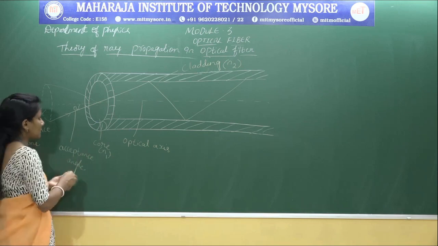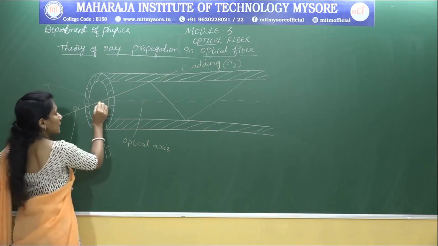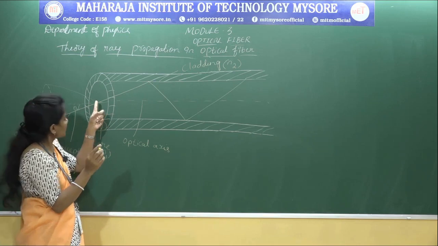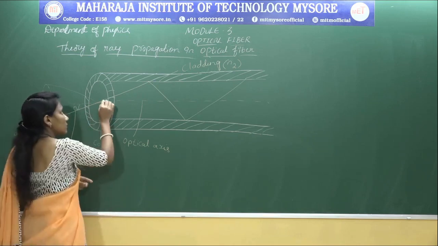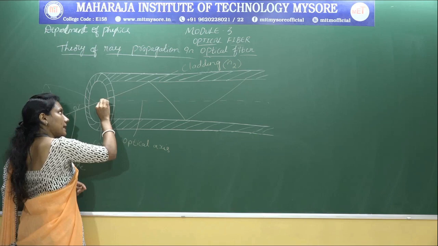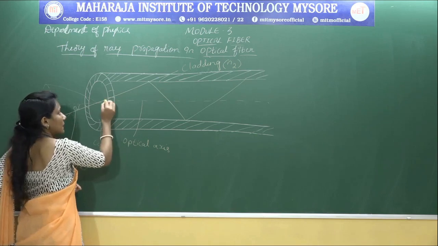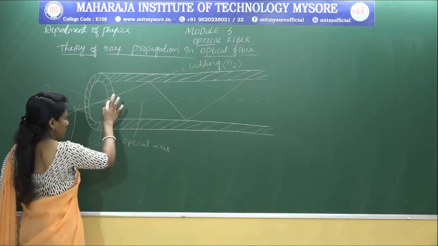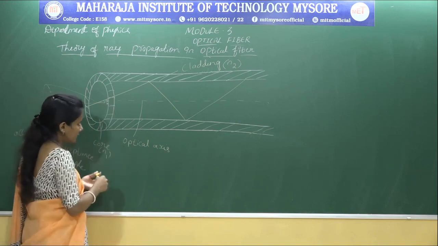Then again, inside, when the ray of light enters the optical fiber, the ray makes an angle with the optical axis, which is represented by theta 1.